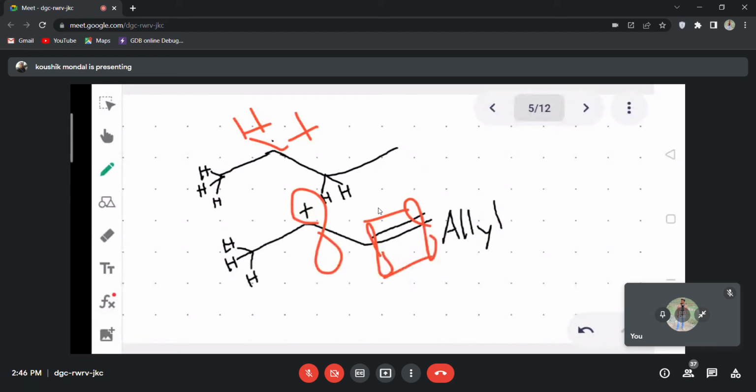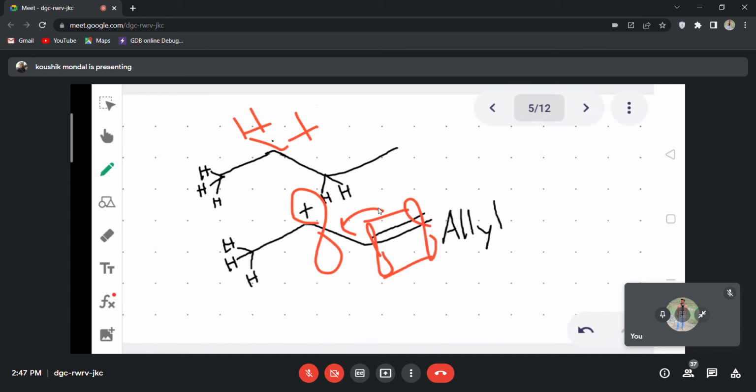This is called an allyl carbocation. It can be stabilized by delocalization of this pi bond.